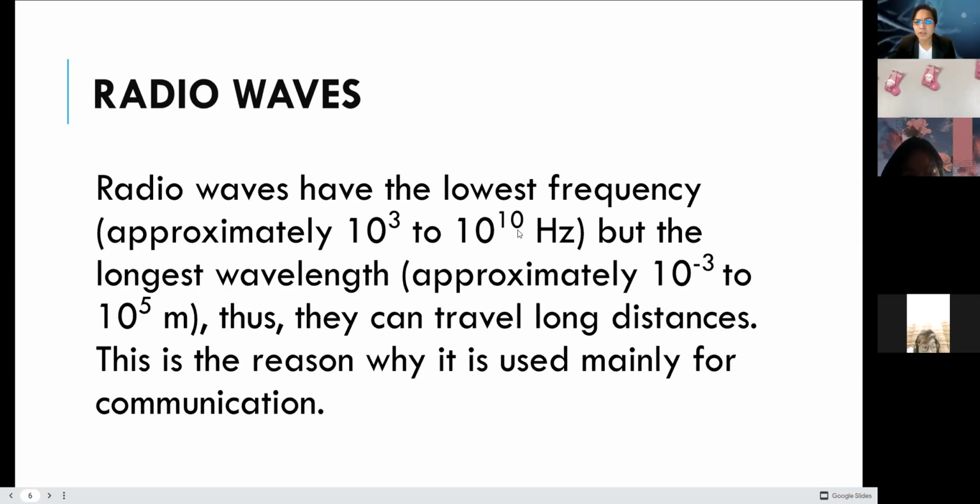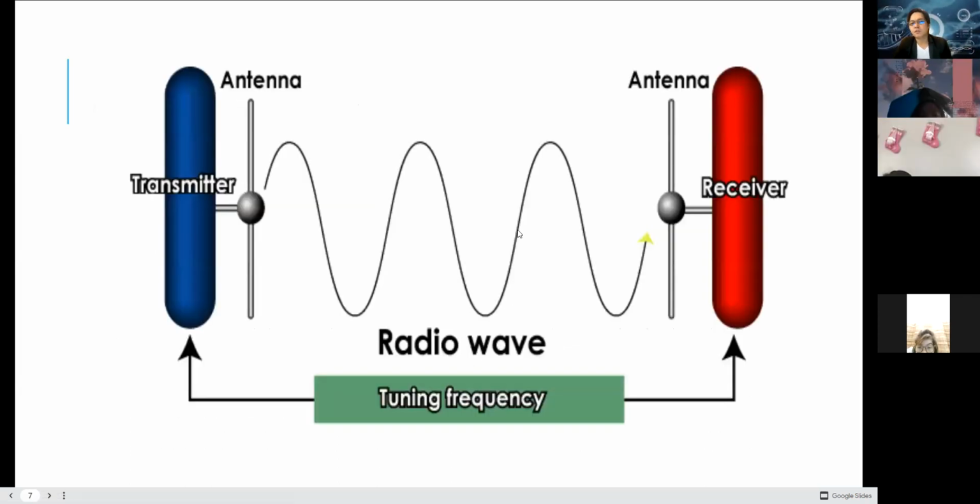This is the reason why it is used mainly for communication. Transistor radios use radio waves. What else? Your walkie-talkie actually uses radio waves. In the diagram, you can observe that radio waves need a transmitter and a receiver.